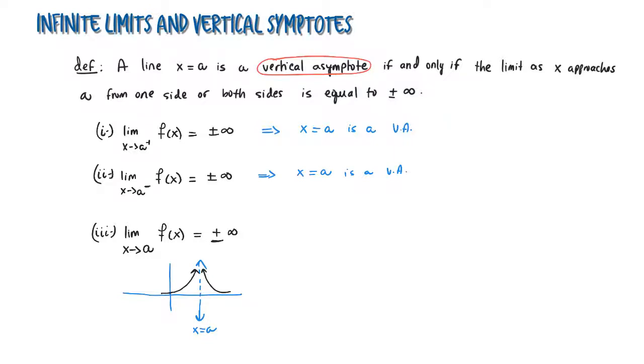Or the function may go towards negative infinity in both directions. If that happens, then the double-sided limit will be equal to either positive infinity or negative infinity. And that makes the vertical line a vertical asymptote.